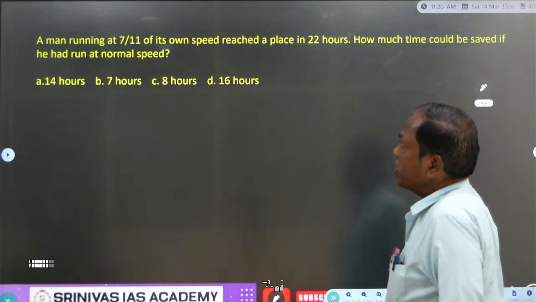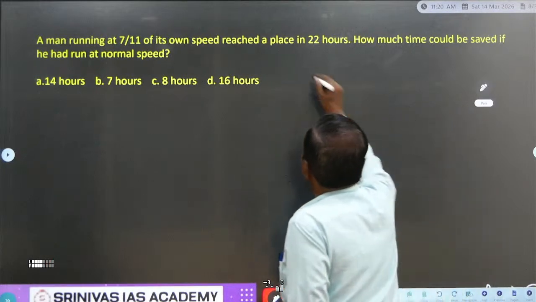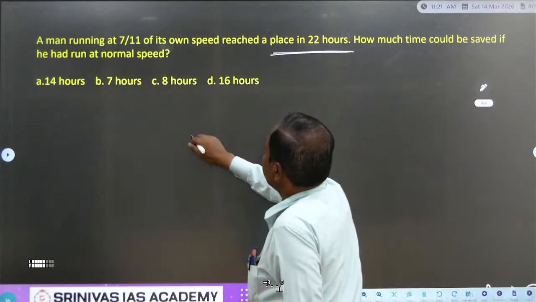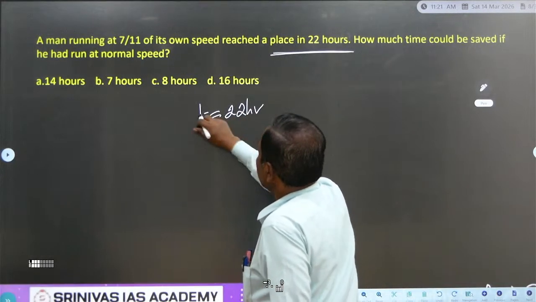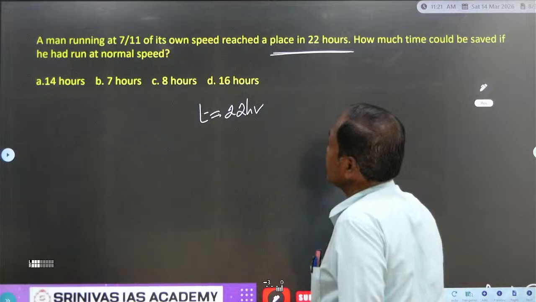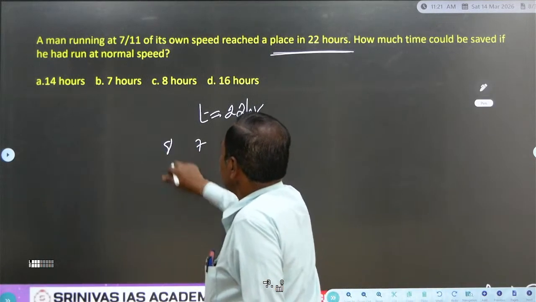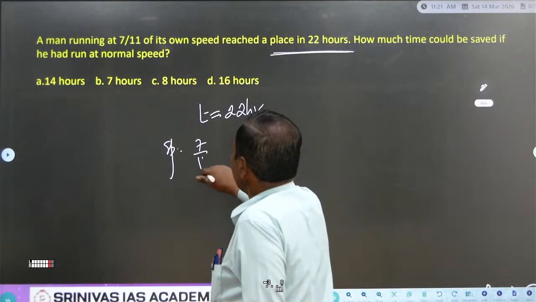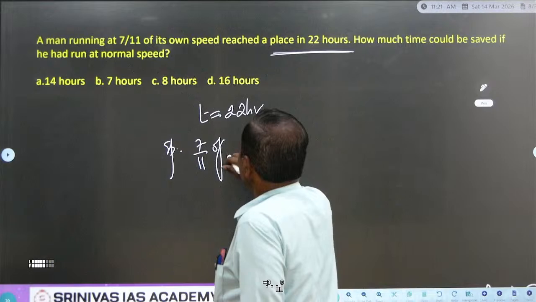Next, a man running at 7 by 11 of his own speed reached a place in 22 hours. The time taken is 22 hours. What is the speed? 7 by 11 of its original speed.